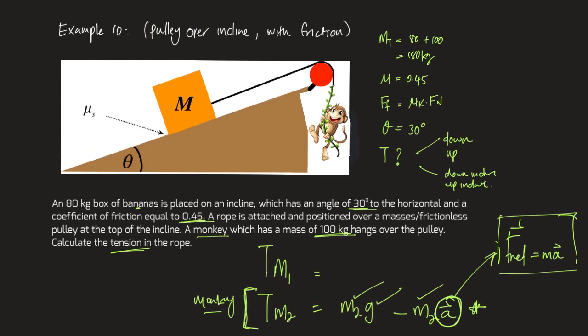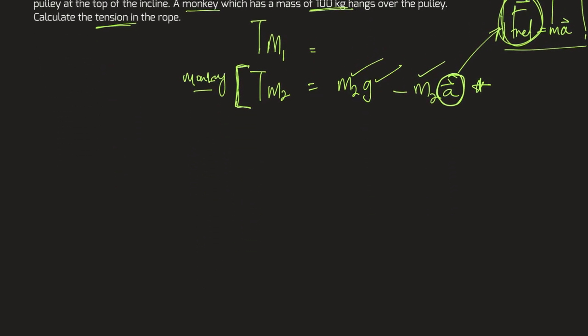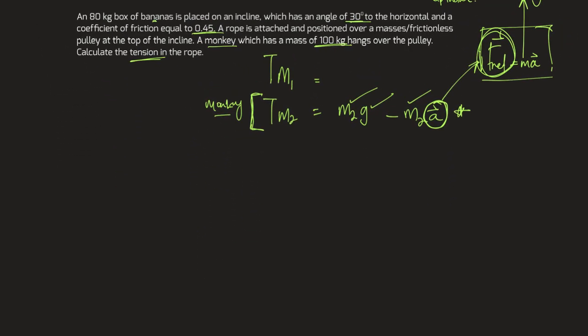Alright, so let's have a look here in terms of F net. In terms of mass, I know my mass of my system is 180 kilograms, but I don't know F net. Now I need to sort that out. So I need to decide what's my driving force of my system and what's being pulled over. So I'm going to draw a free body diagram to get that sorted out.